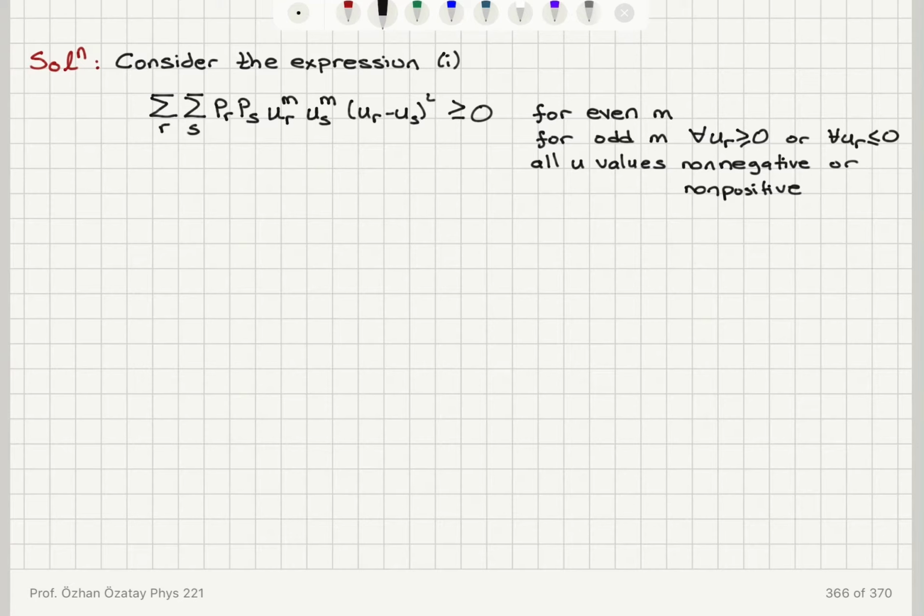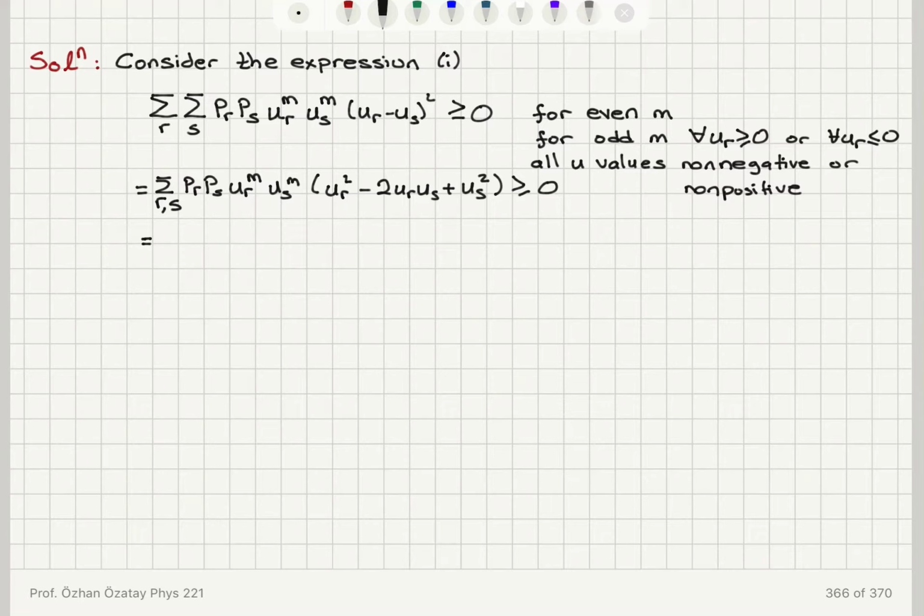So basically this is sum over R and S, PR, PS, UR to M, US to M, and here I will have UR squared minus 2 UR US plus US squared, and this is greater or equal to 0 under these conditions.